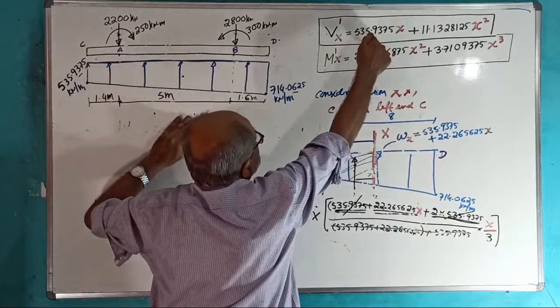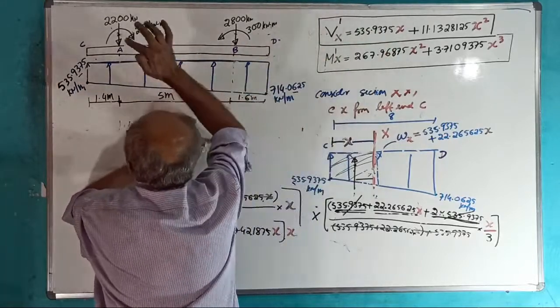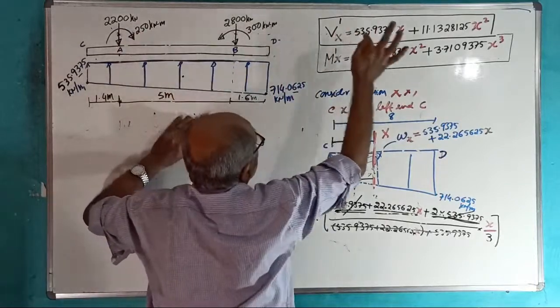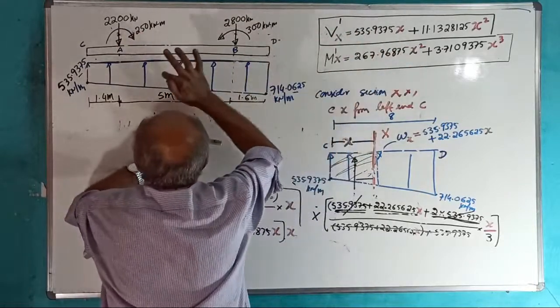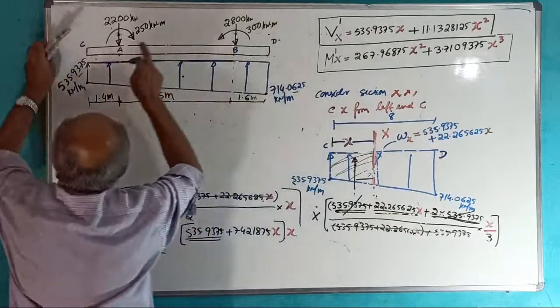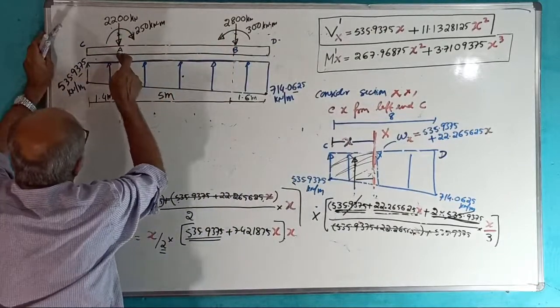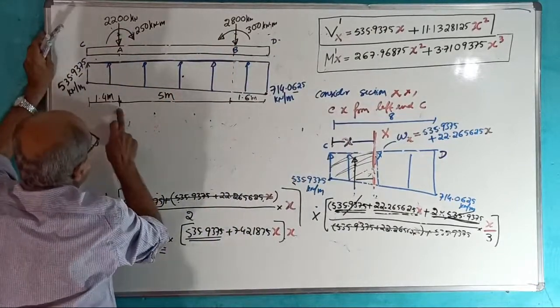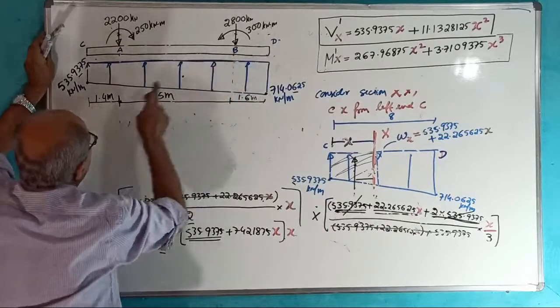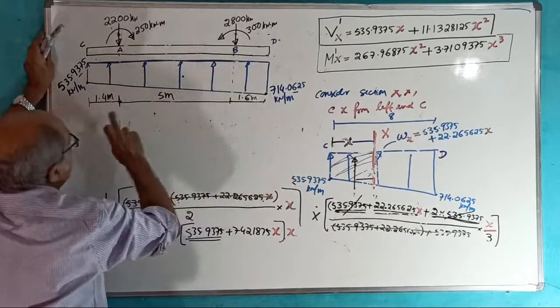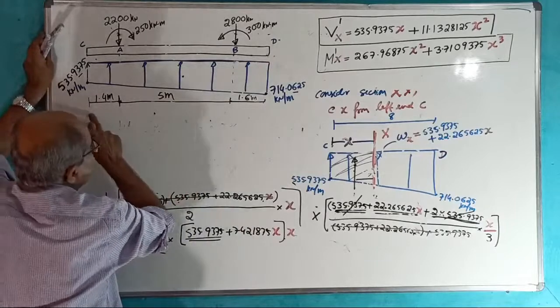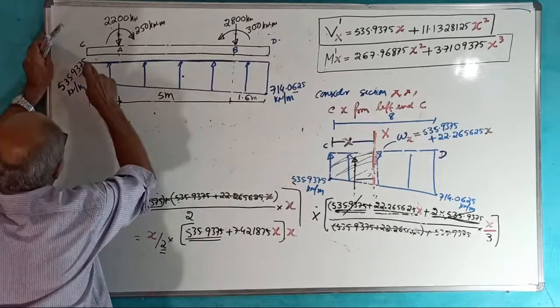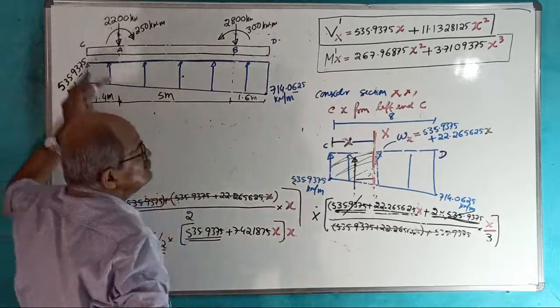Use this expression to get shear force due to upward UVL. Use this expression to get BM. Substitute X from C. If I wanted A, put X equal to 1.4. If I wanted B, put X equal to 6.4. If I wanted D, put X equal to 8. If I wanted C, put X equal to 0.